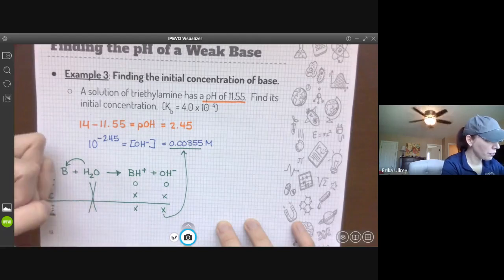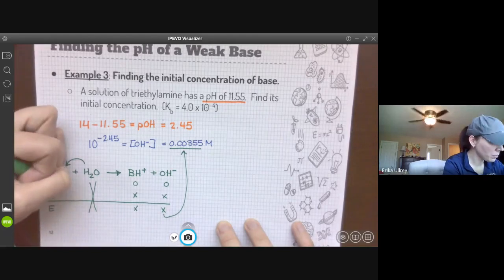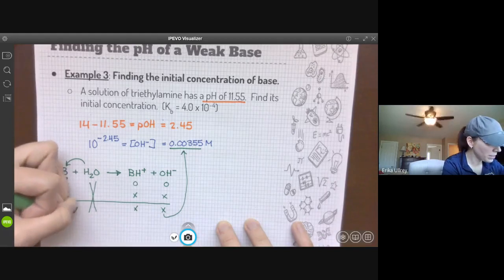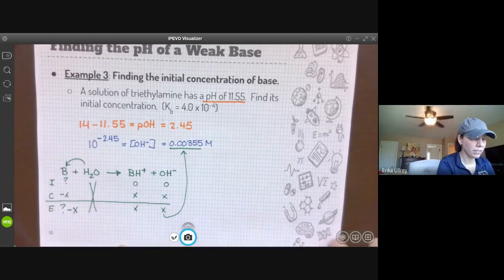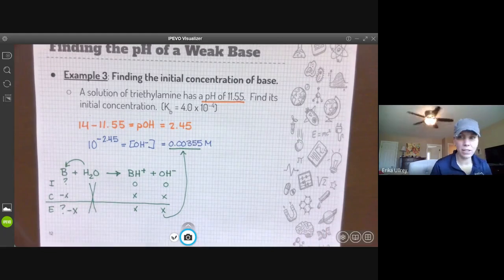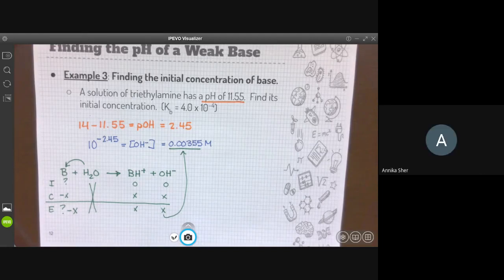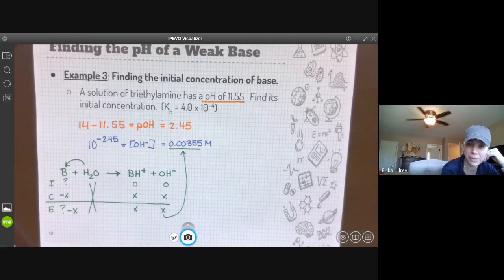And if we want to know what the initial was, this is minus x, so it's going to be our initial minus x. We're going to have to do some solving. So in addition to doing the ice table, what's the other thing we're going to need to set up, Annika? The equilibrium expression. Yeah, we're going to need an equilibrium expression.